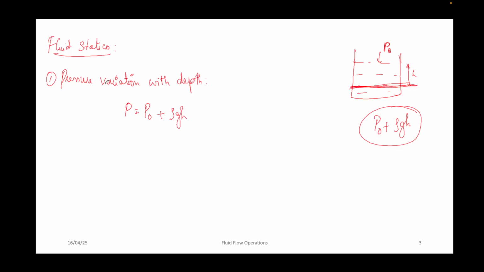And then we also understood how to calculate pressure forces on a surface, like whenever a body is submerged in water. So how to calculate the forces exerted on a particular body using hydrostatics. Then we also understood buoyancy and stability, which was given by Archimedes' principle and its applications as well.